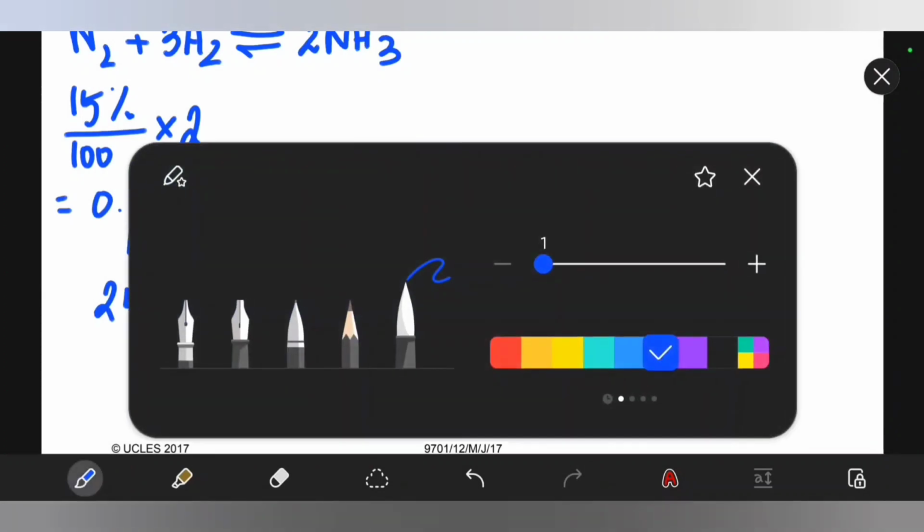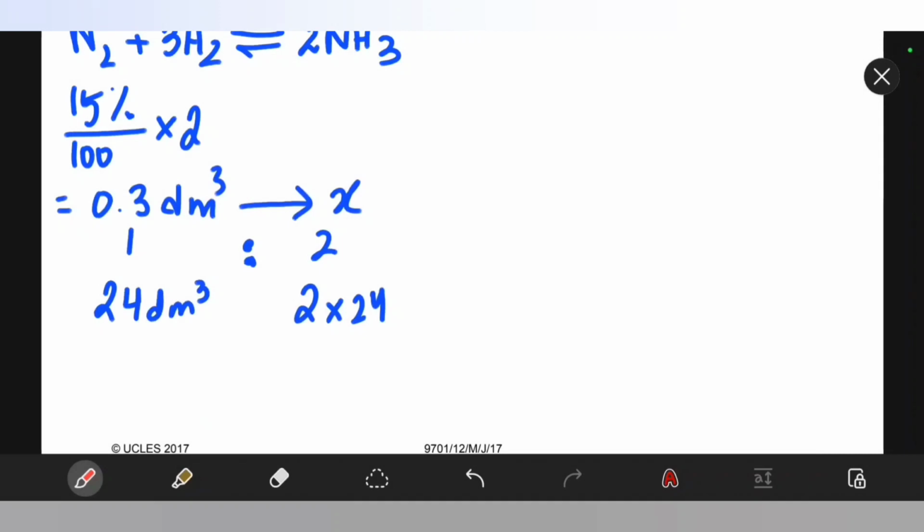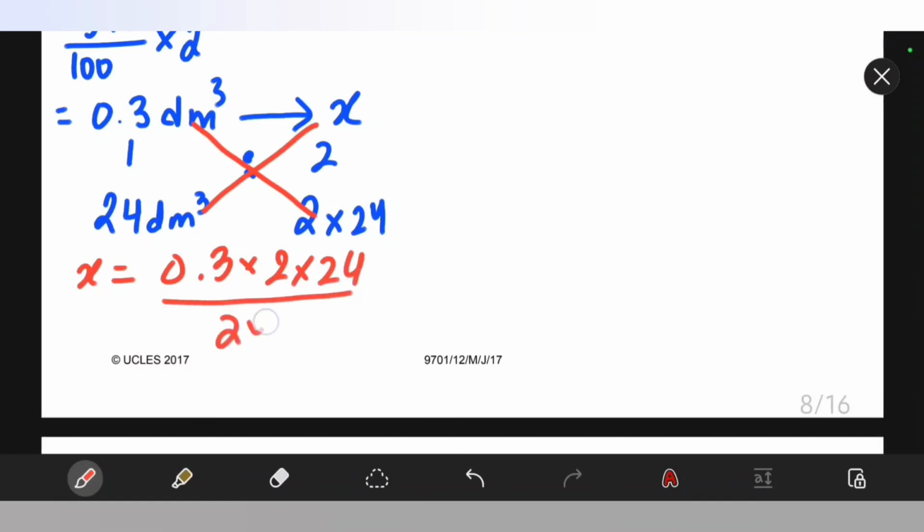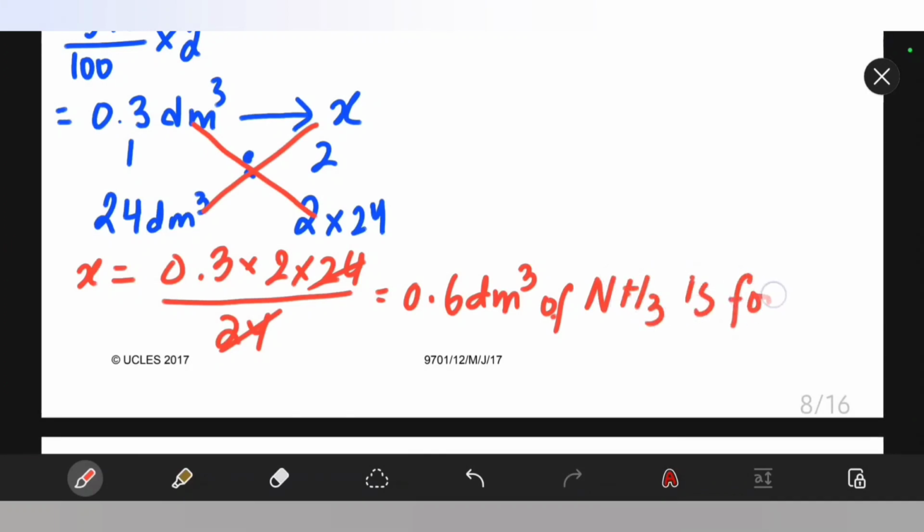So now, by cross multiplying, x could be found out by 0.3 into 2 into 24 over 24. This cancels out, and we have got the answer of 0.6 dm cube of ammonia is formed.